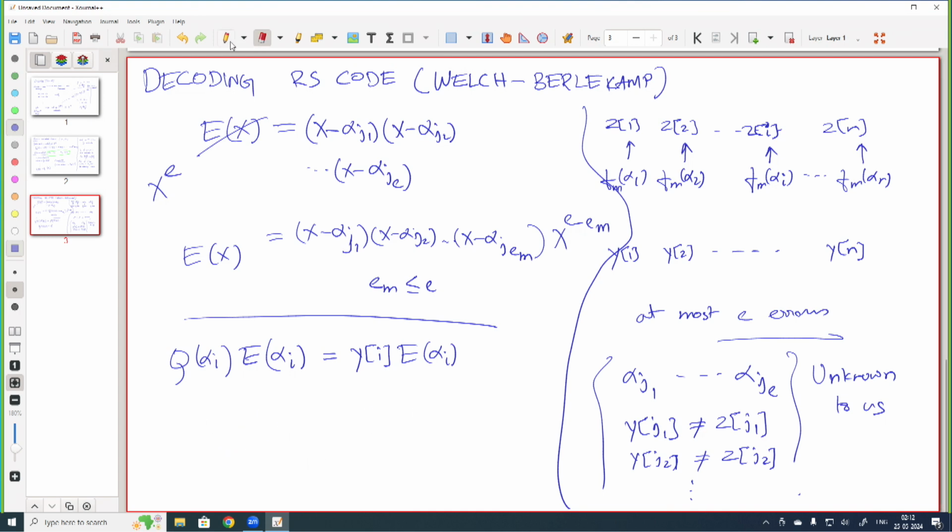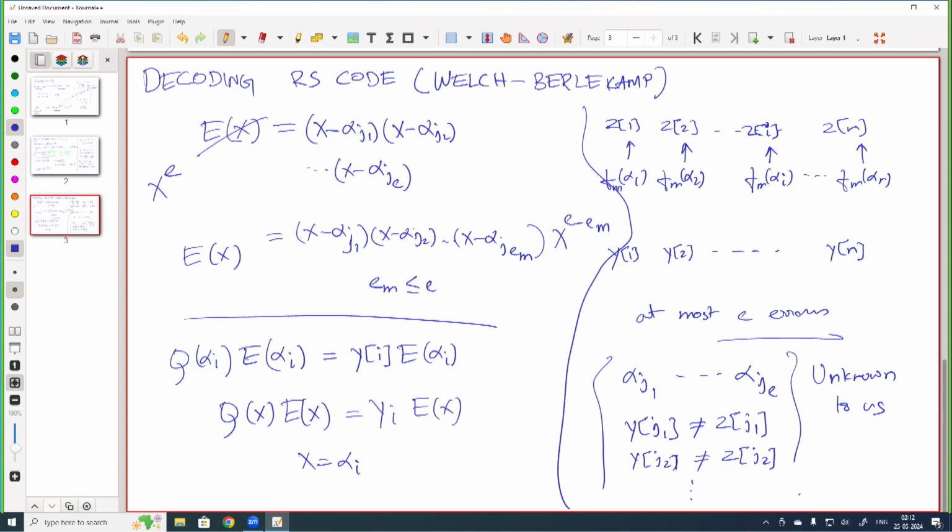So, I basically have two polynomials, one which I will call q of x, another which is E of x, and I have this expression that when you take q of x times E of x, this is equal to y I times E of x when x is equal to alpha I, right.